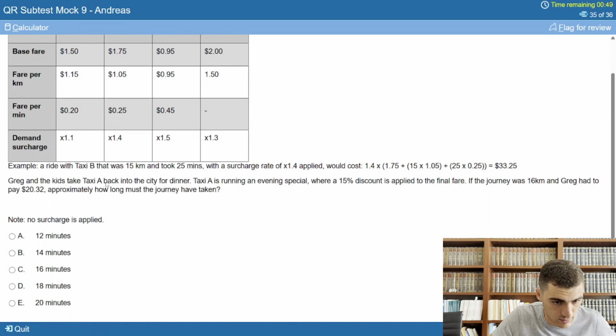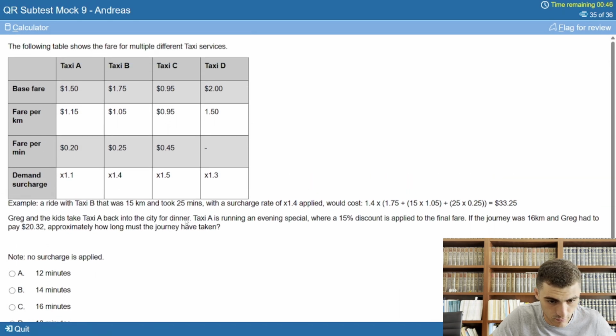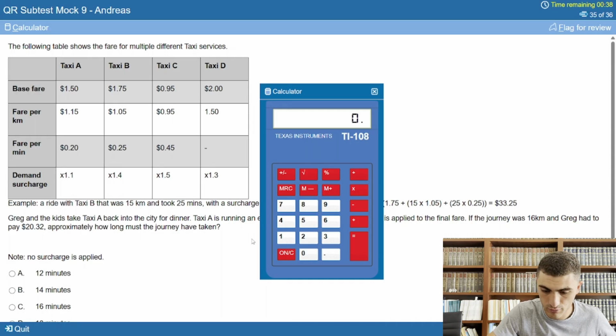Greg and the kids take a taxi back to the city for dinner. Okay, so it's 20.32. Divide that by 0.85 is this.